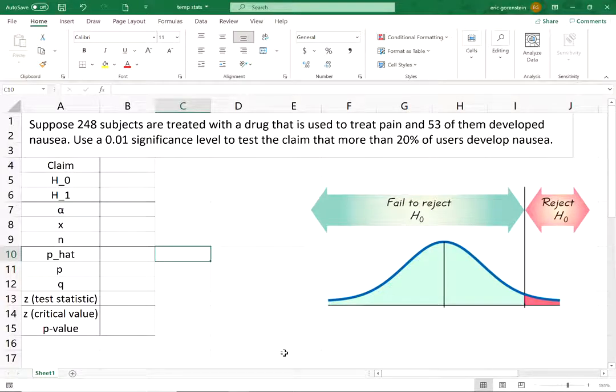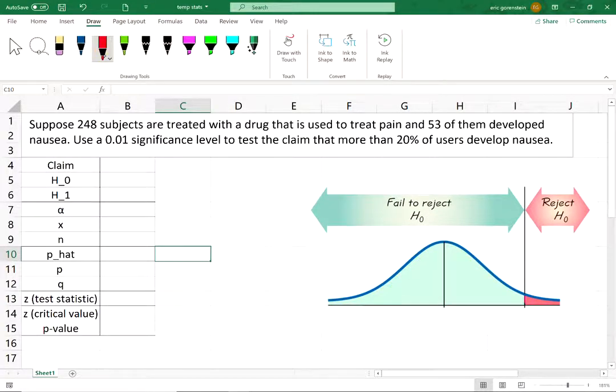That drug is used to treat pain. 53 of them developed a side effect, nausea. Okay, so 53 out of 248. Use a 0.01 significance level to test the claim that more than 20% of users developed nausea.